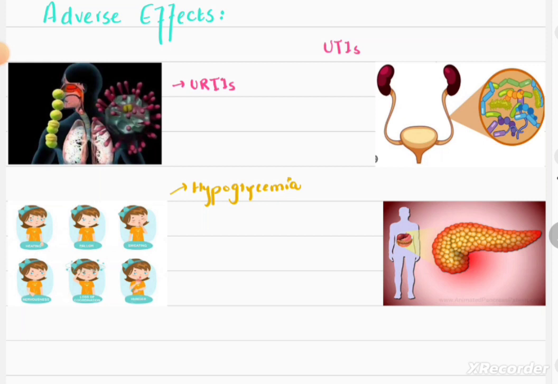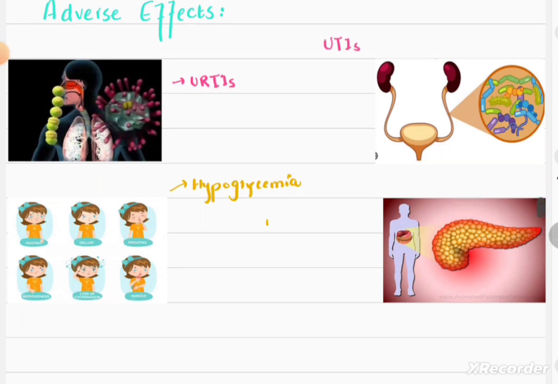They also have post-marketing reports of acute pancreatitis with the use of DPP-4 inhibitors, and this effect is because they act on the pancreas to increase the secretion of insulin.